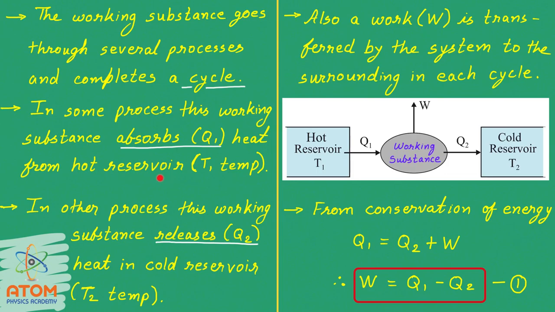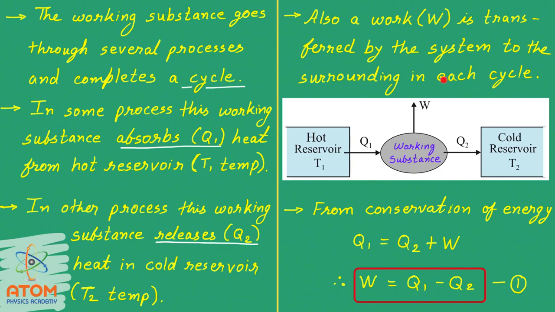Obviously, the reservoir from which it absorbs heat is at high temperature, and so it is known as the hot reservoir, and the reservoir into which it releases heat has low temperature, that's why it is known as the cold reservoir at T2 temperature. Also, a work W is transferred by the system to the surroundings in each cycle.